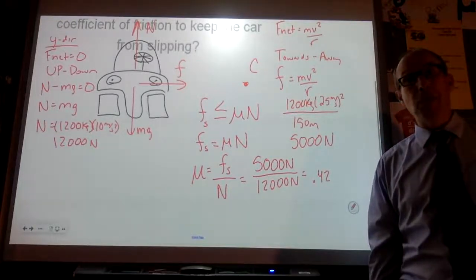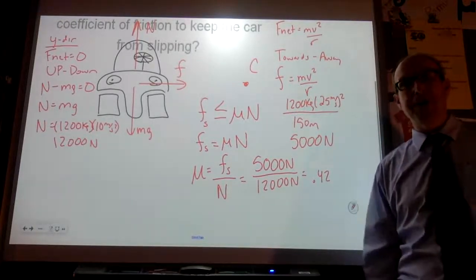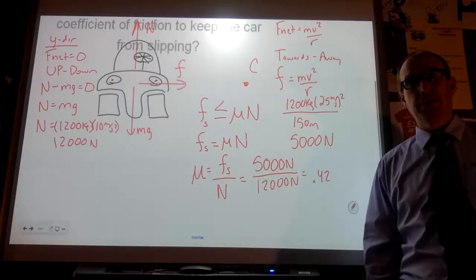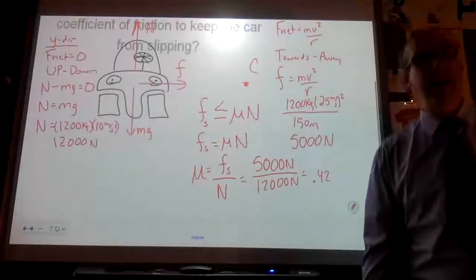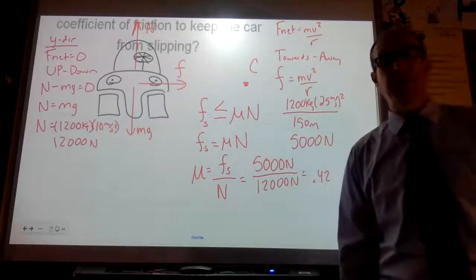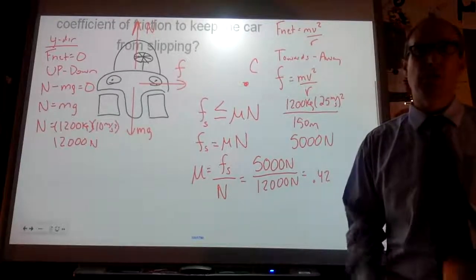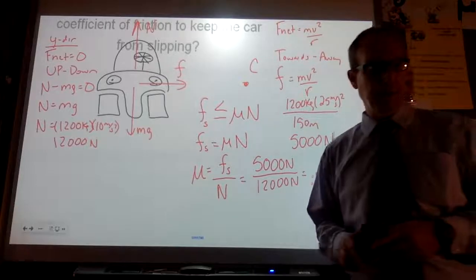Remember I said tires are around 1, so this car should easily make this turn. As long as something is not affecting the coefficient of friction, like ice, snow, that would definitely make a difference.